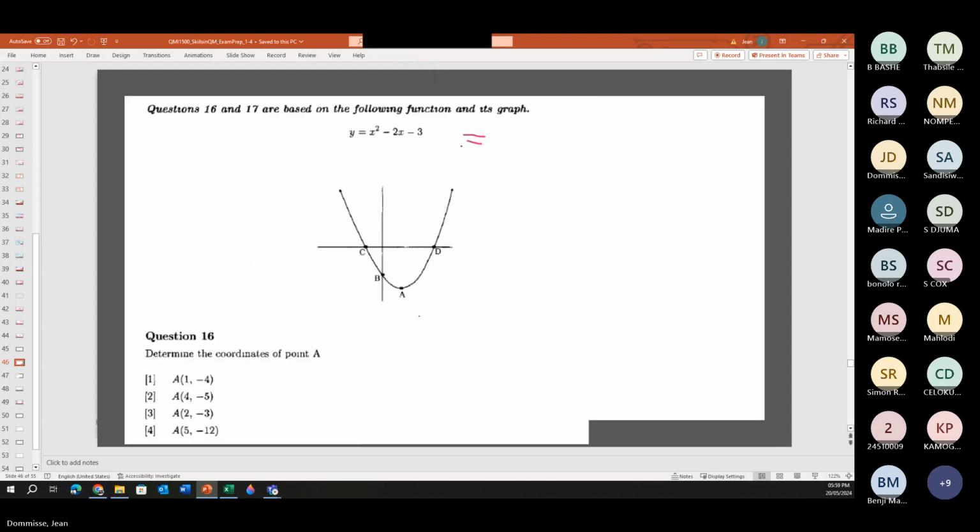So the equation is y is equal to x to the power of 2 minus 2x minus 3. They ask us to determine the coordinates of point A. Okay, so they want us to determine the coordinates of the turning point. So we can get the x value of that turning point, which will be minus b over 2a.